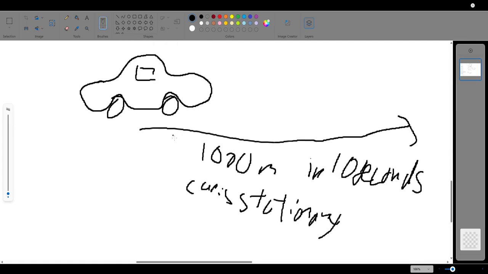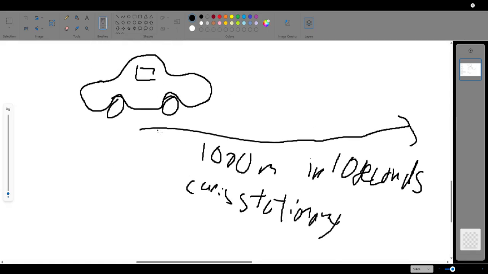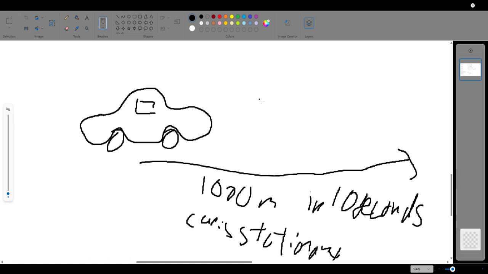So, according to the MVT, mean value theorem, at some point within this line, it will be at 100 meters per second, as I'm hoping the speed of the car is continuous.